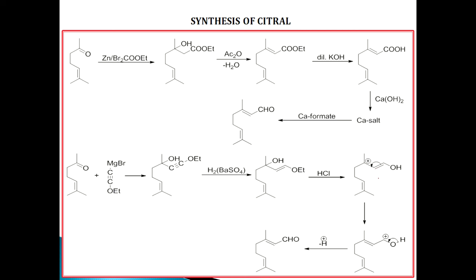By the loss of a water molecule it produces a carbocation. In this carbocation, the allylic shift takes place, and it produces the citral molecule as the final product.